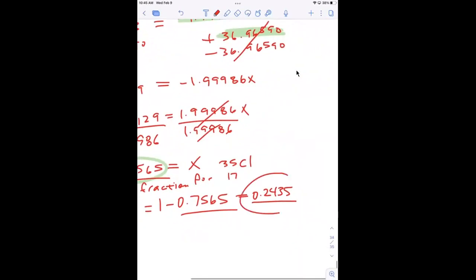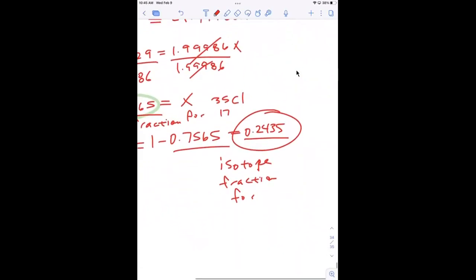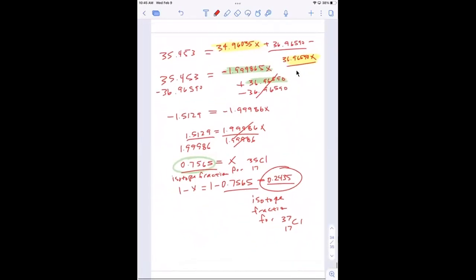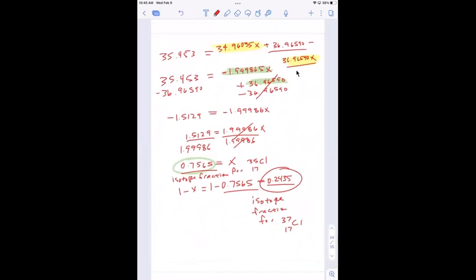And then this one is going to be the isotope fraction for the other isotope. All right, are we following that? Because we said that one was the 1 minus x, and then the x term was connected to the chlorine 35 isotope.